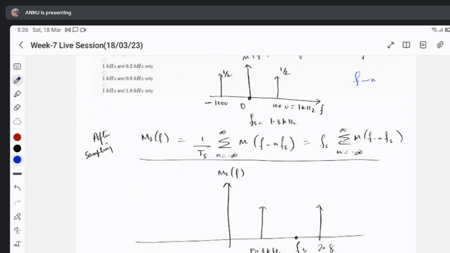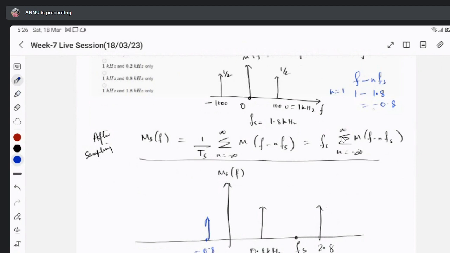So suppose if n is equal to 1, then 1 minus 1.8, here minus 0.8, right? So you will have minus 0.8.